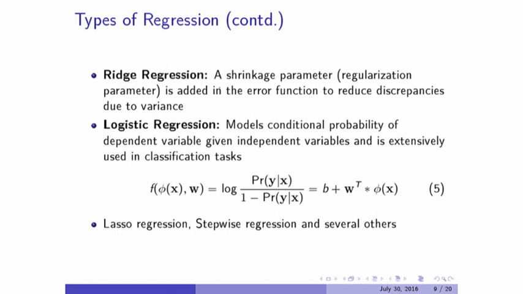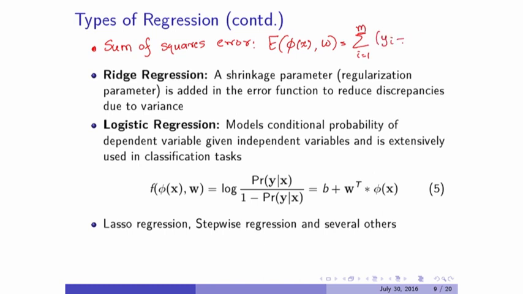For example, we have already motivated the sum of squares error, where the error function is a sum over all the data points of the desired dependent output yi, and from that you subtract w transpose phi(x) and square this.